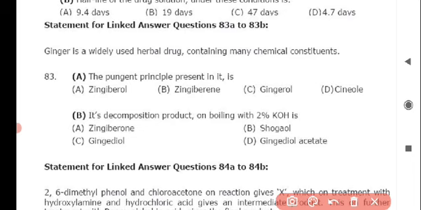The first question for this statement is, the pungent principle present in it is, and the correct answer is option C, gingerol. Next question, its decomposition product on boiling with 2% KOH is, and the correct answer is option B, shogaol.